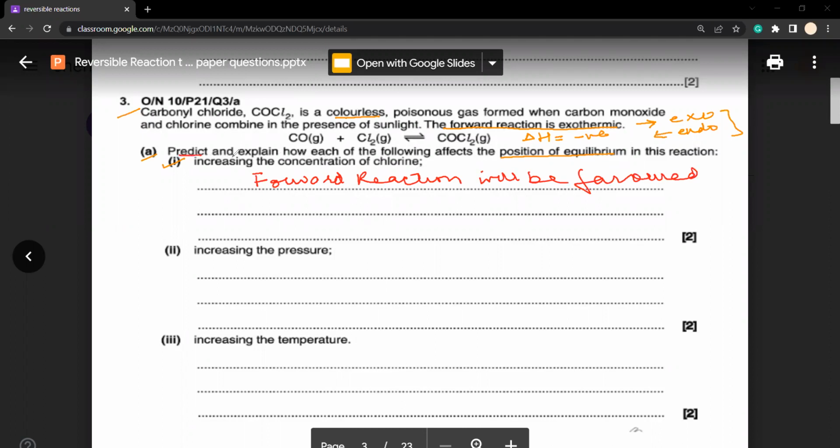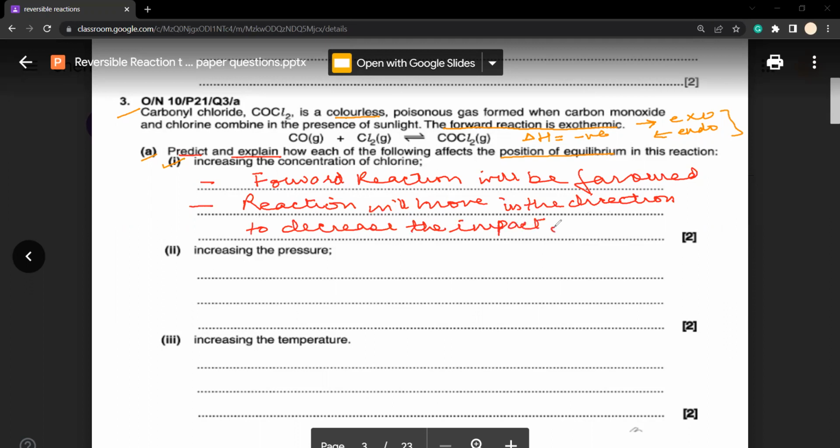This was a prediction, now explain it. In the explanation, you write down: the reaction will move in the direction to decrease the impact of increased concentration.